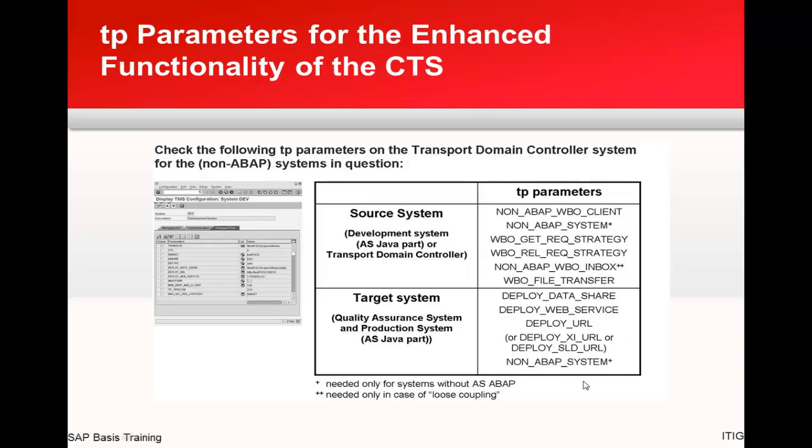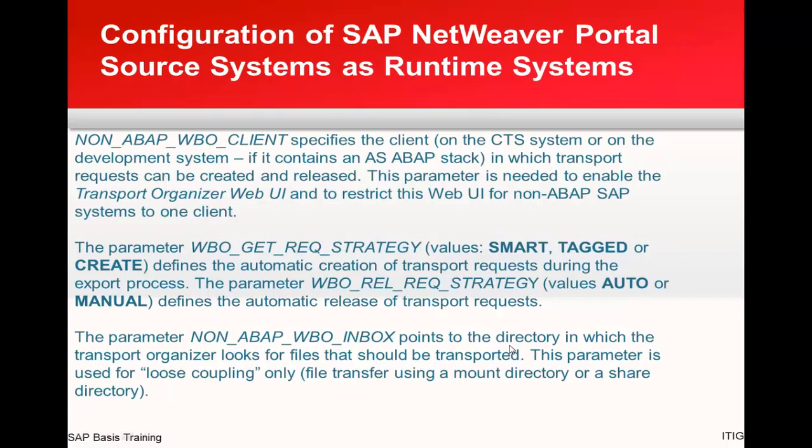Then this needs to be defined on your JPQ and JPP systems. Non-ABAP WBO client specifies the client on the CTS system or development system, so it's on JPD, in which a transport request can be created and released. This parameter is needed to enable the transport organizer web UI and to restrict this UI for non-ABAP SAP systems to one client.